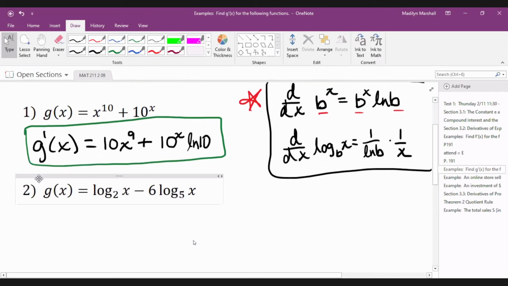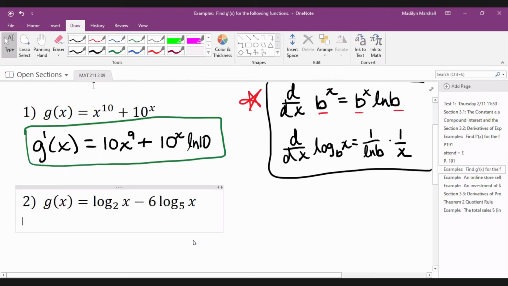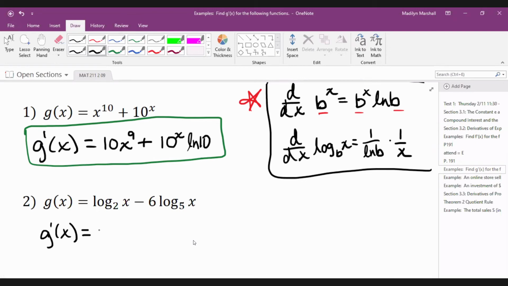So next one. It would be 1 over natural log 2 times 1 over x.